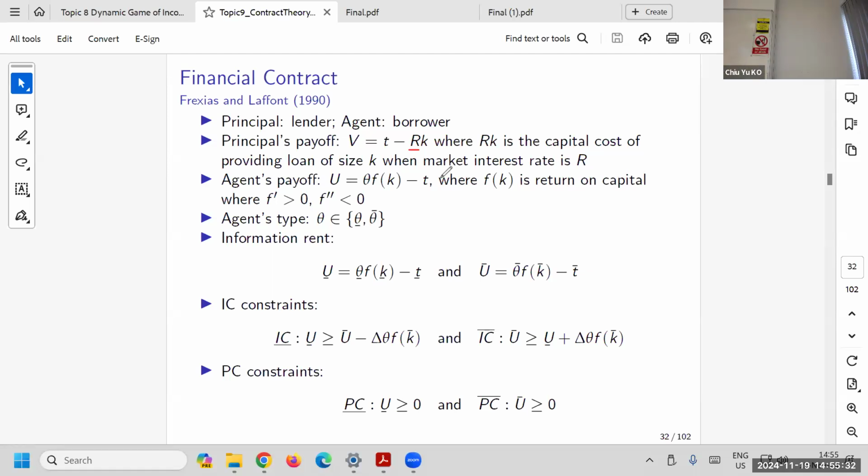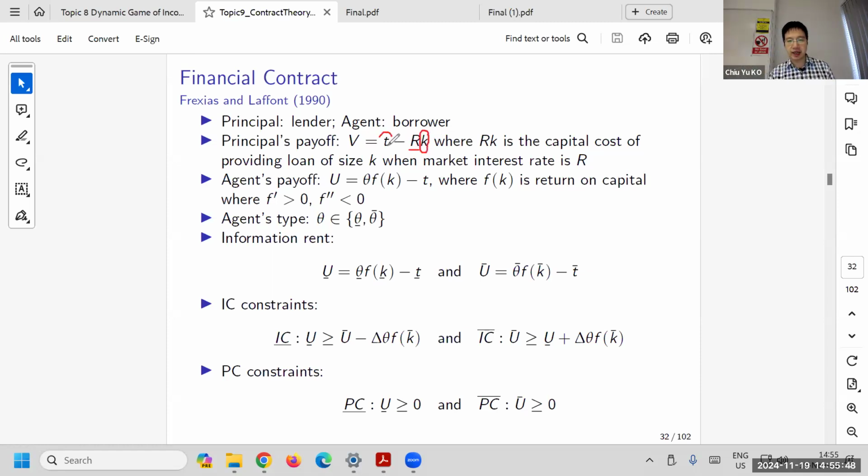So the principal's payoff depends on how much money he gets minus the market interest rate R. R is given by the market, so R is a parameter of the model. It's the Fed that decides the interest rate. And K is the firm's choice.